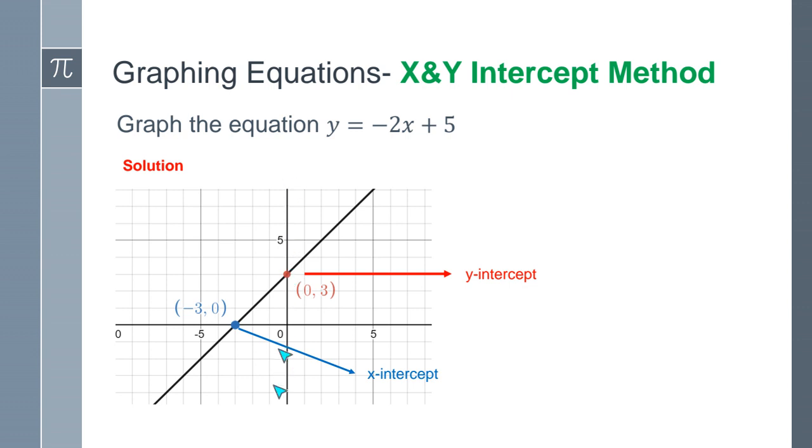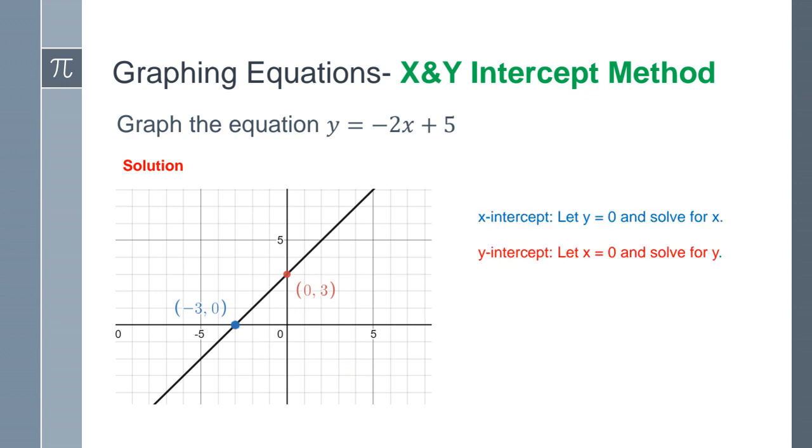But notice that in the x-intercept, the value of y is 0, and in the y-intercept, the value of x is 0. That information is going to help us solve for the intercepts. Whenever you're asked to find these intercepts, we let y equal 0 and solve for x for the x-intercept, and for the y-intercept, we let x equal 0 and solve for y.